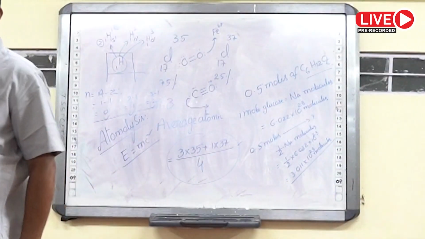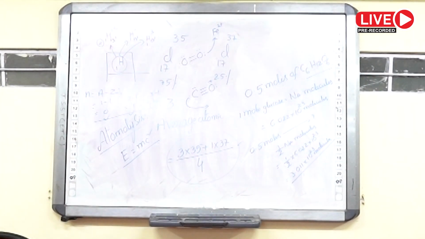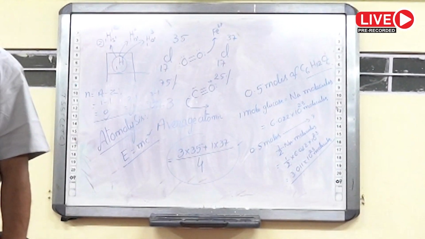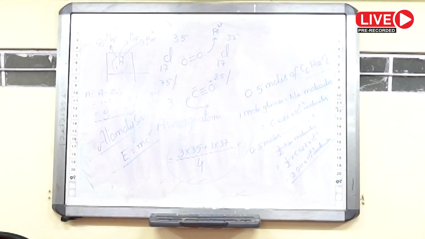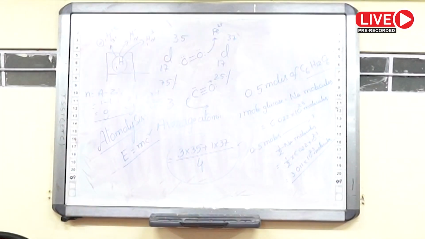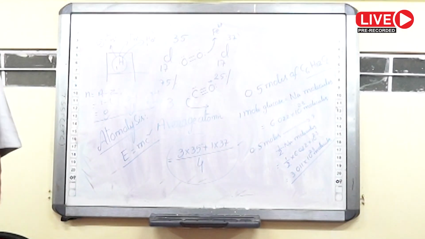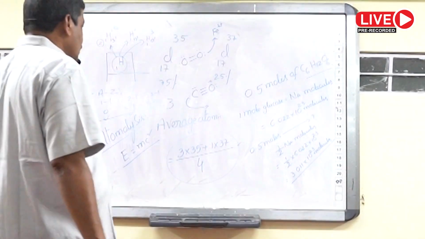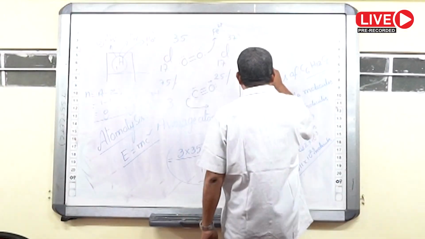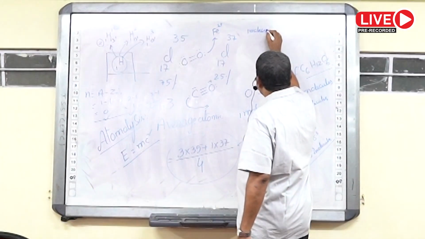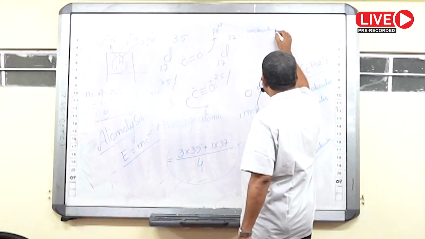But the question asked is not to find the number of molecules. They asked how many gram atoms of each type or each kind is present in half mole of glucose.